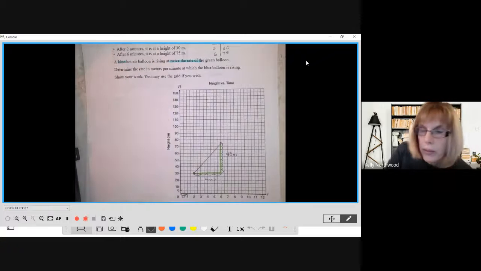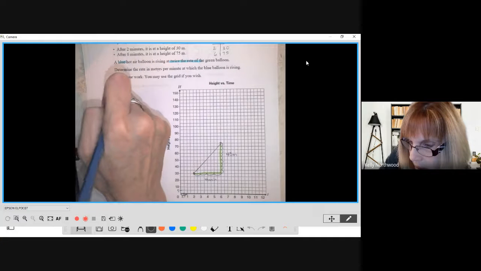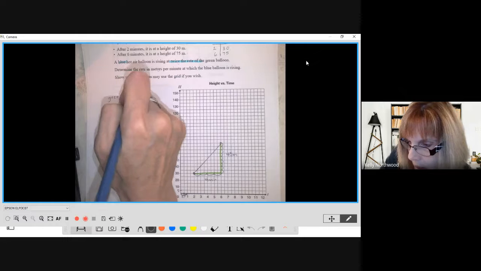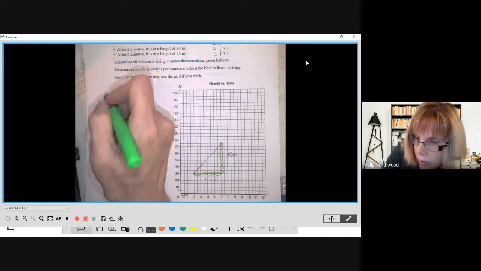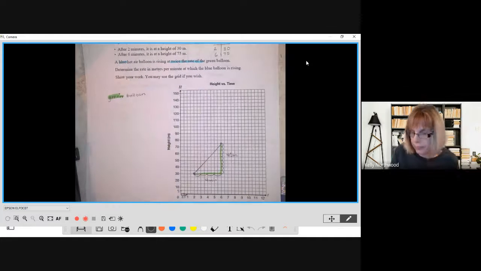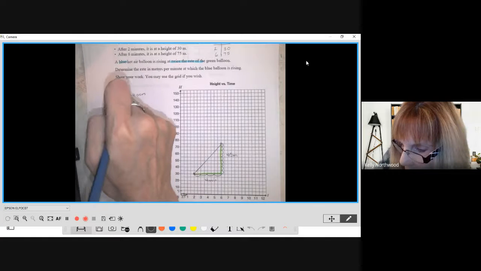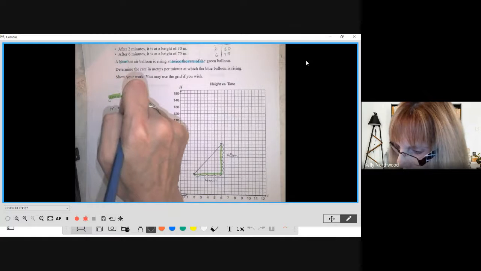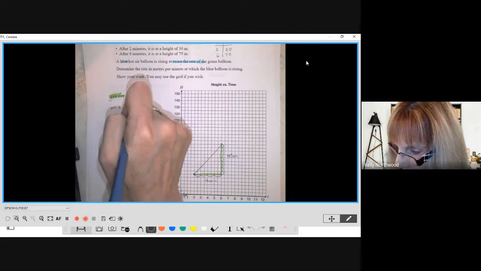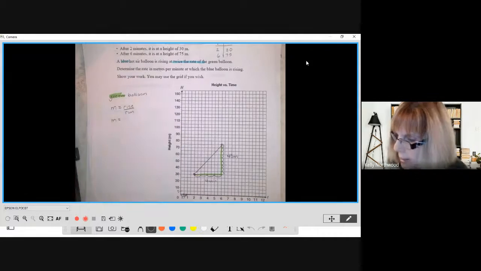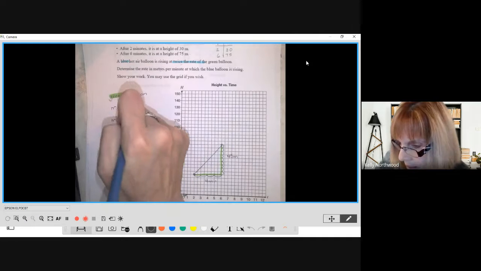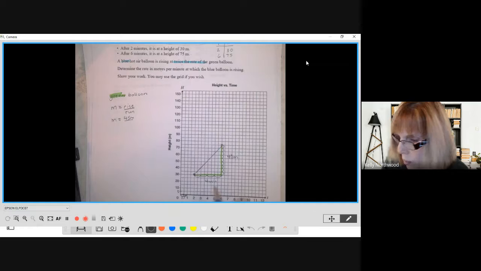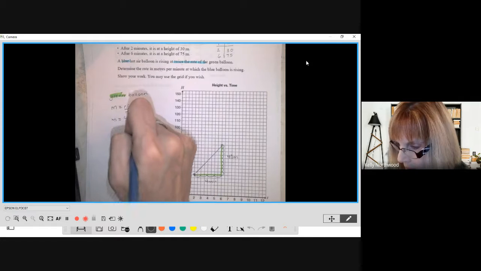So for the green balloon, if I'm showing my work, I'd get the green balloon rate. I would do slope is rise over run. Slope is 45 meters, rise, over 4 minutes, run.